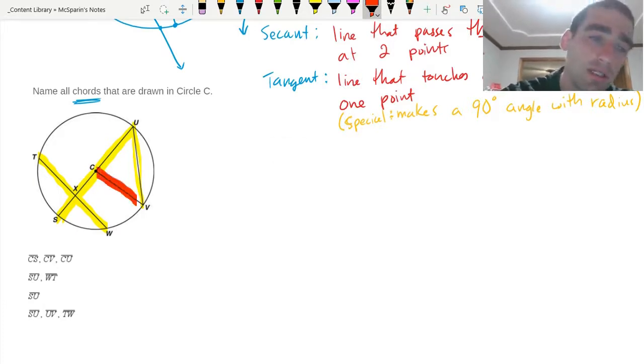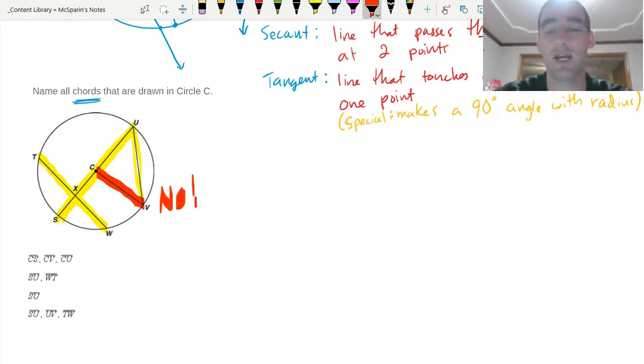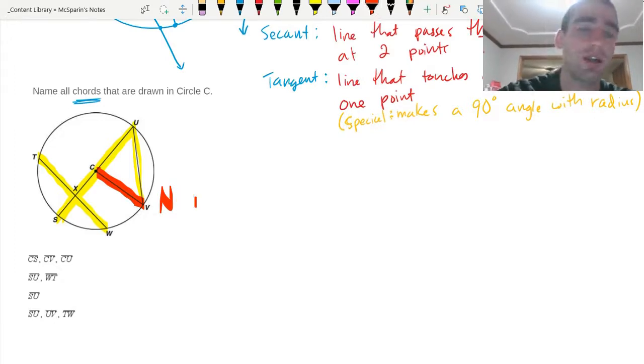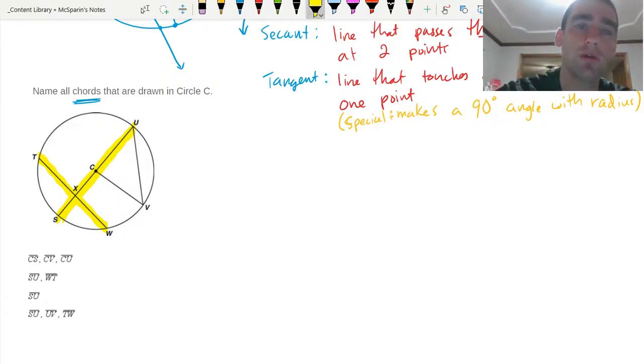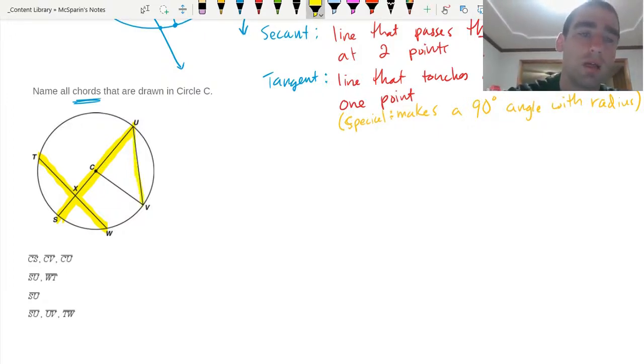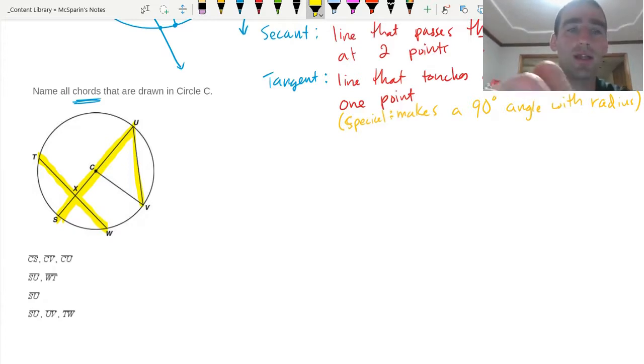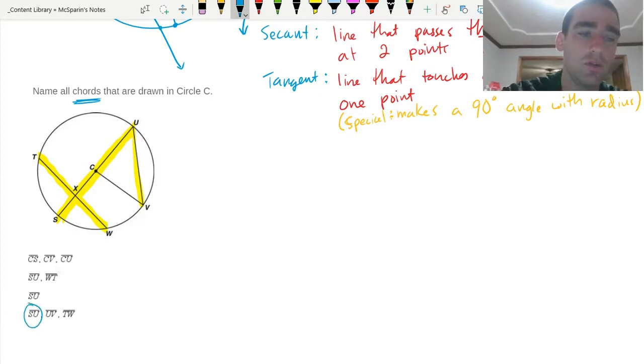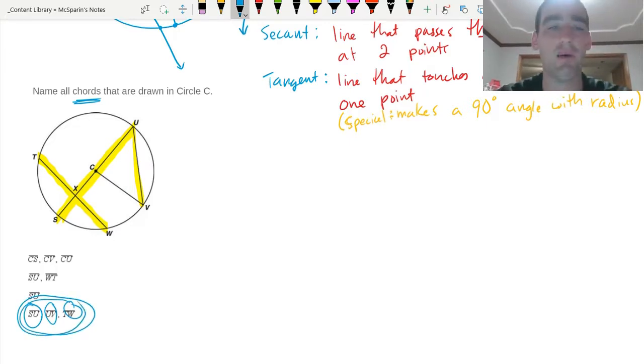Now, CV does not go edge to edge. That just goes edge to center. That's a radius. That is not a chord. So, whoops, come back, yellow line. All right, so then which one of those is it? So we need SU, UV, and TW. That means that one is my answer. That is all the chords in Circle C.